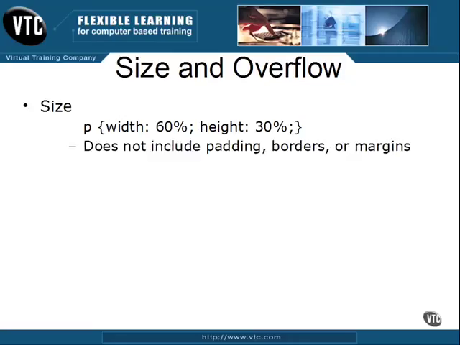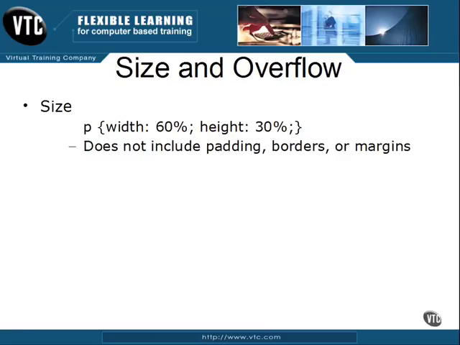It is not going to include anything that will be defined for our padding, borders, or margins. So we're going to need to include the padding, the borders, and the margins, as well as our content size for the true size of our objects in our designs.